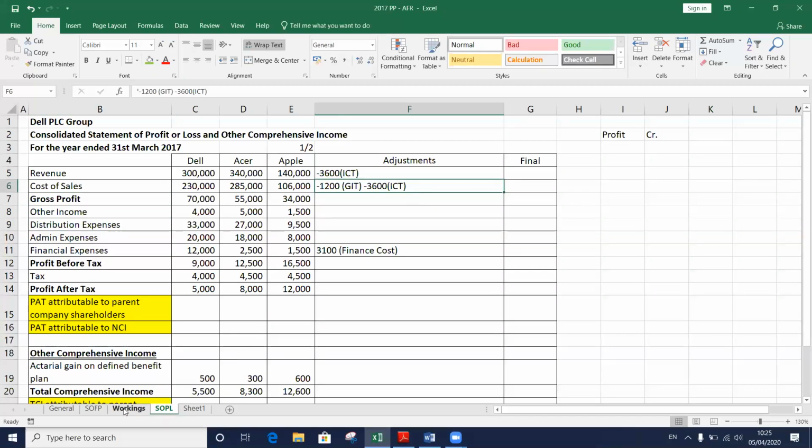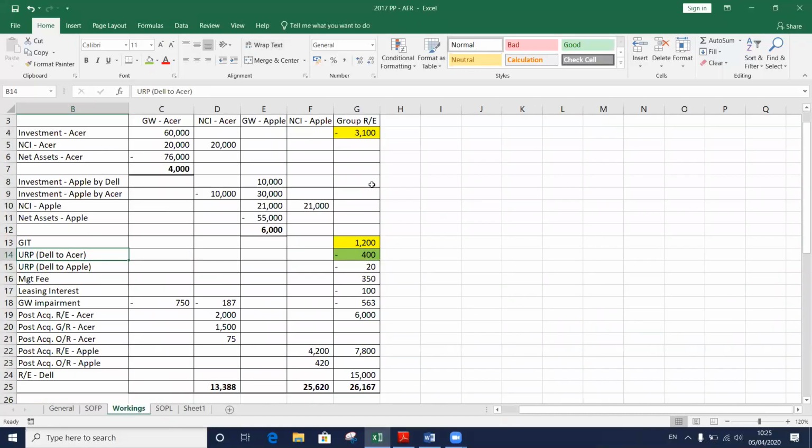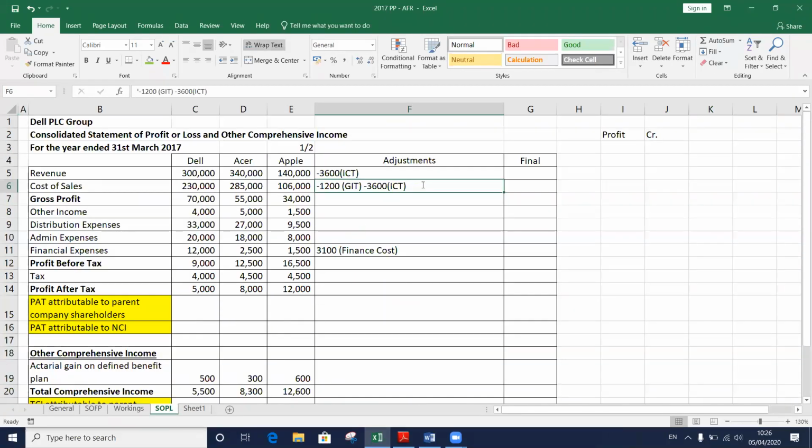Yes. Should I add or deduct? මේ 400 මම මොකද කරන්න ඕන? Profit එක මොකද වෙන්න ඕන? අඩු වෙන්නයි ඕන. එහෙනම් profit එක අඩු කරන්න නම් cost of sales මම වැඩි කරන්න ඕන 400. Right, this is my unrealized profit.